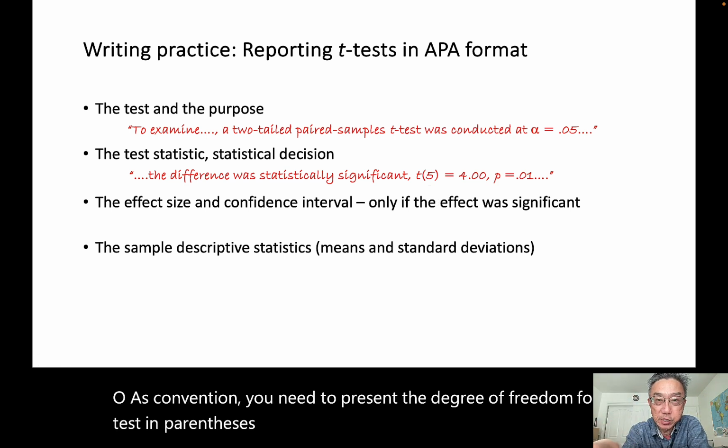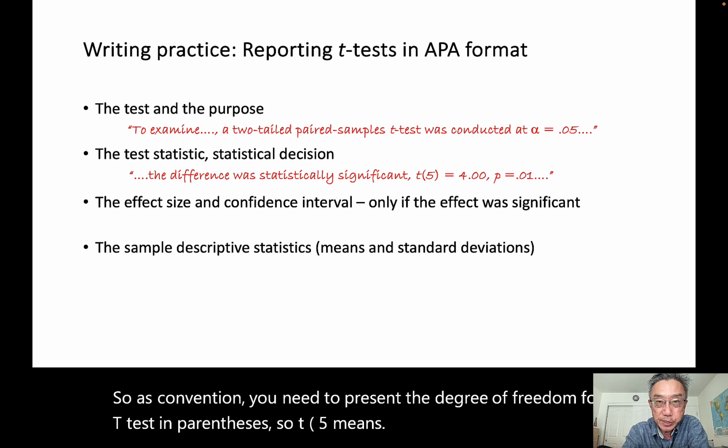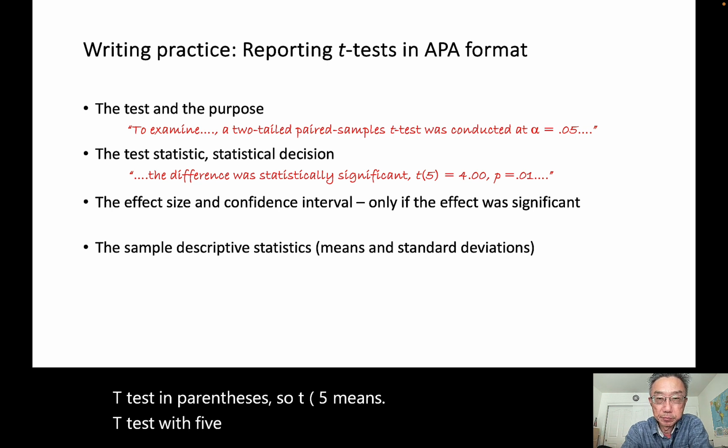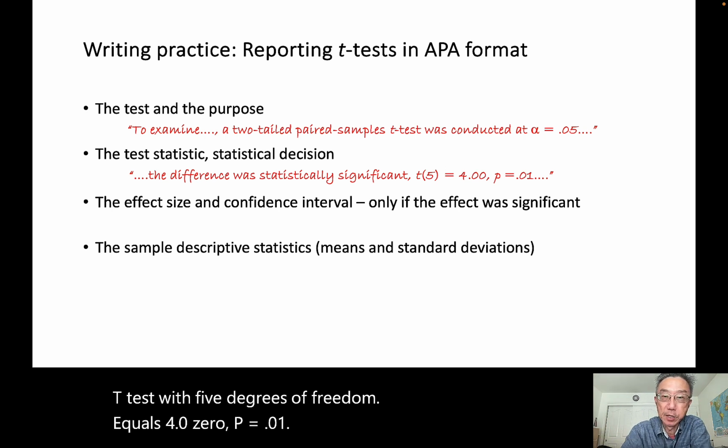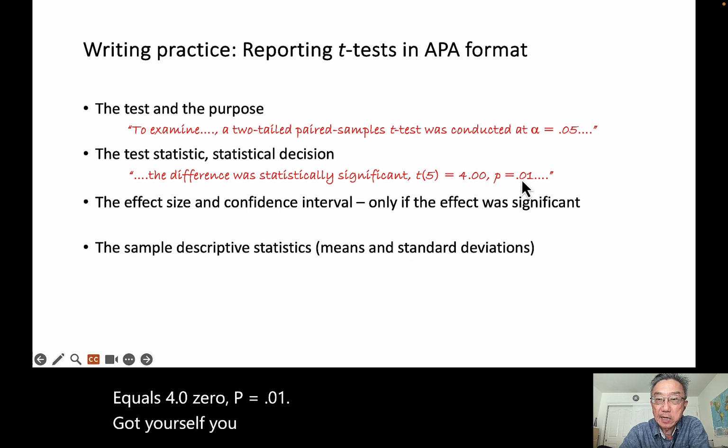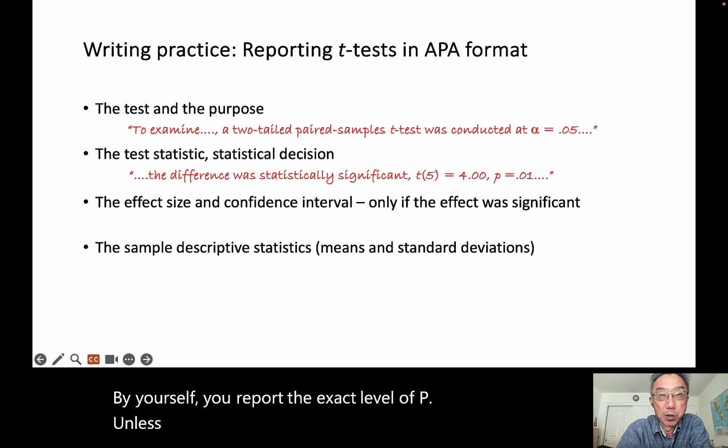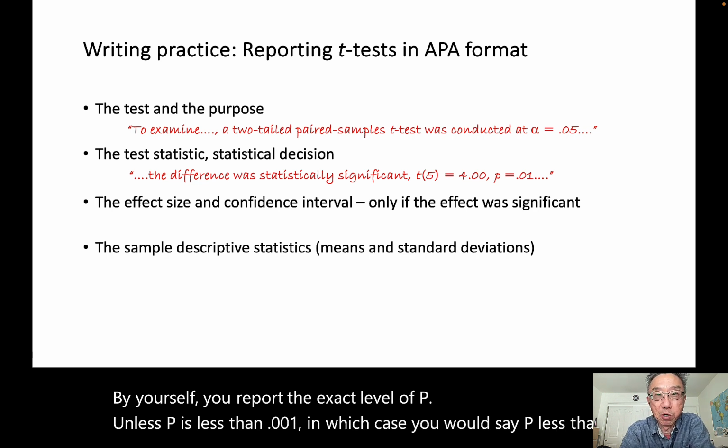So t(5) means a t-test with 5 degrees of freedom equals 4.00, p equals 0.01. You report the exact level of p, unless p is less than 0.001, in which case you would say p less than 0.001.